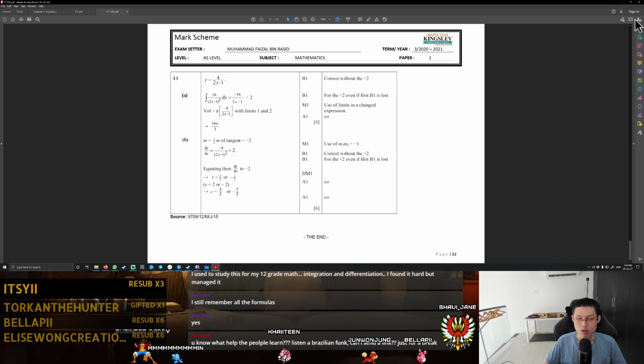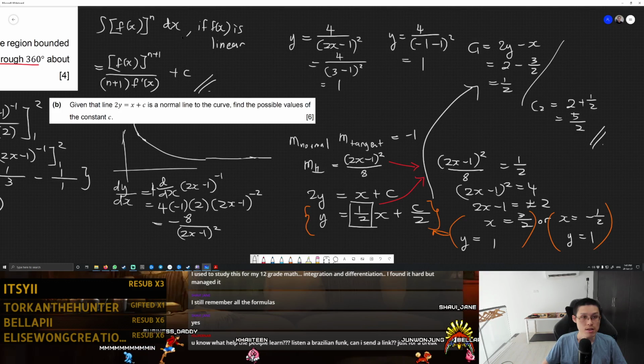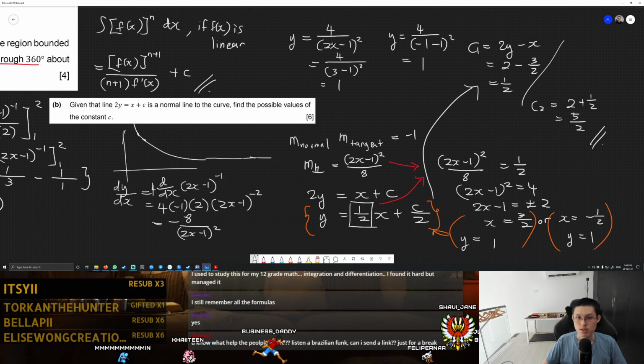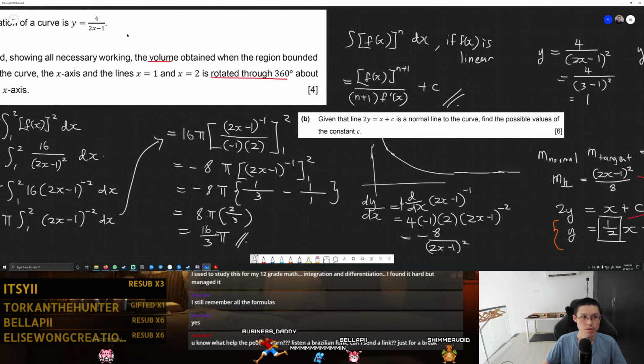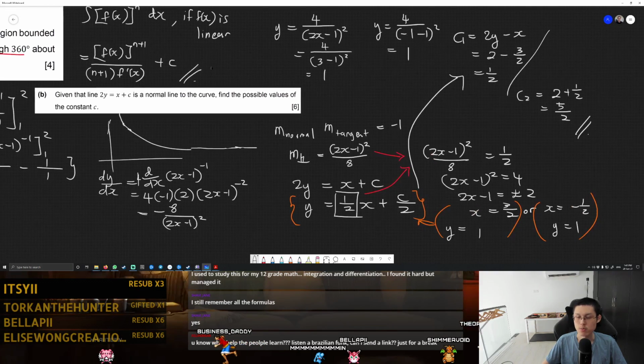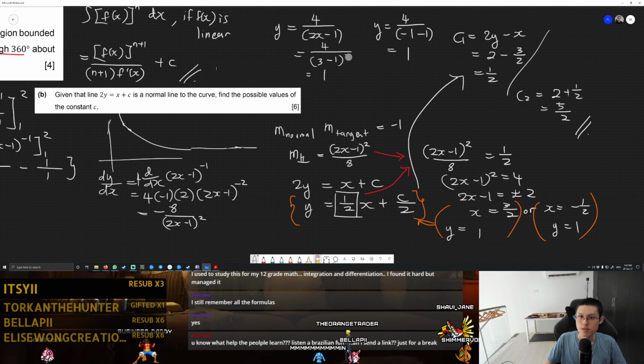And then, oh, I think I messed up my y. This is 2x minus 1. So if I put 3 over 2 in here, I should get 3 minus 1, which is 2, so 2 squared is 4. Wait a minute. 3 over 2, put it in here. Did I write the right one? Oh, it's not squared. Oops. This is not squared over here.